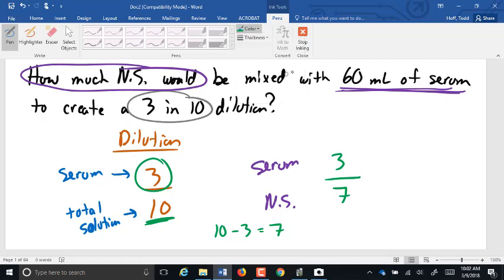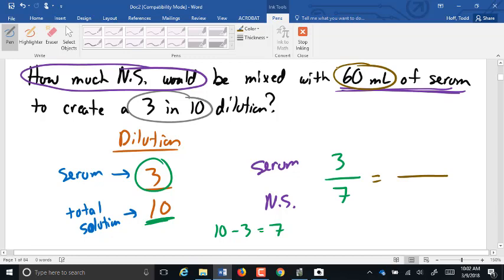So to finish off the problem, we have 60 milliliters. What does that represent? The serum. So that goes on top with the serum. You have to make sure those match up. And then we're going to cross multiply and divide. This number is going to give us the amount of saline.